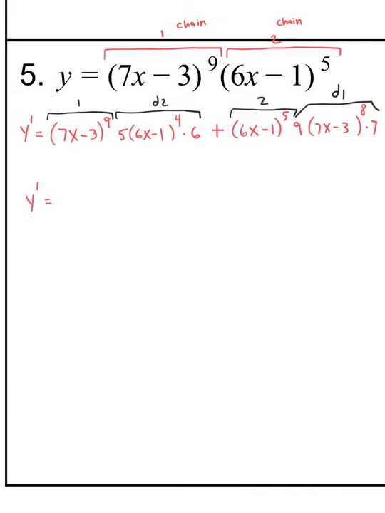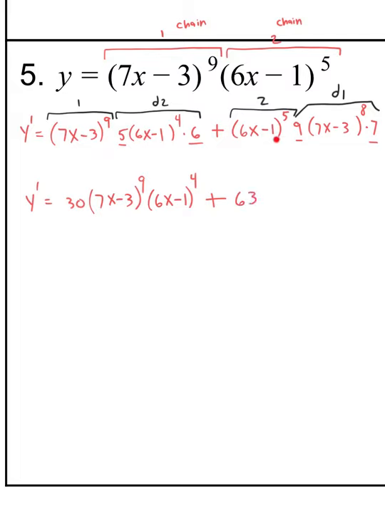All right, so now we're going to clean up each term. So we have to get the numbers to the front. We've got a 5 times a 6, so that gives us a 30 out front. We still have 7x minus 3 to the 9th. We still have 6x minus 1 to the 4th. So we're just cleaning up each side of the product rule. On the right side, we have to multiply the 9 and the 7 and put that out front, 63.